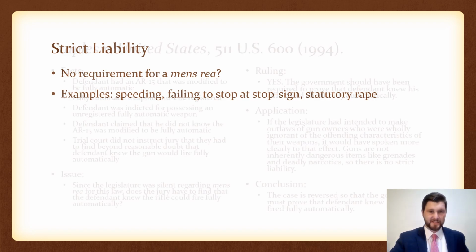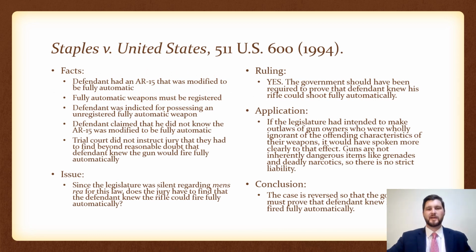Now you'll see in the United States, that is exactly what they tried to pin on this defendant. The defendant had an AR-15, which is normally a semi-automatic rifle, popular in the United States, of course, that was modified to be fully automatic.